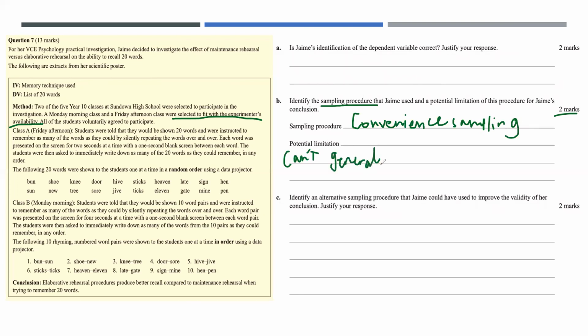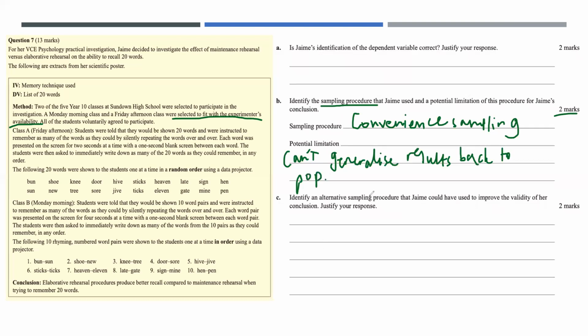The reason is that convenient sampling uses a biased, non-representative form of sampling, which in simple words means that not every person had an equal chance of being selected. Jane was just like, okay, who fits in with my availability? Yep, you're allowed to be in my experiment. But she didn't give everyone a chance to take part. So you can't generalize results back to the population is the main limitation that we always talk about.